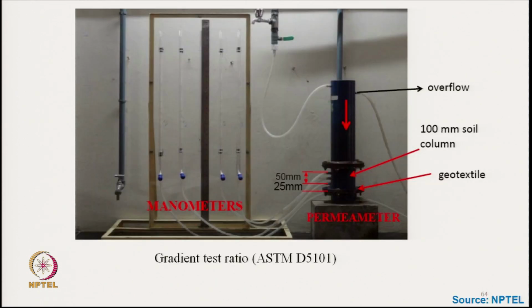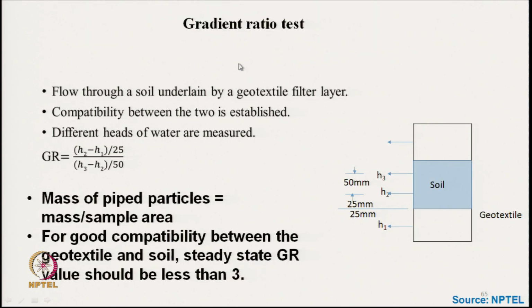Next test is the gradient ratio test, where the flow parameter, how the flow of water is affected by the introduction of geotextiles, is assessed. Gradient ratio is the flow through soil under drain by a geotextile filter layer.